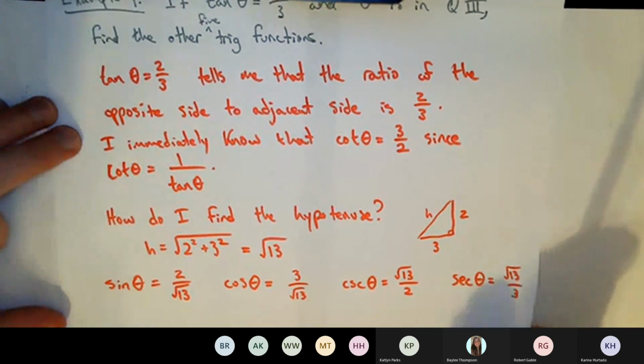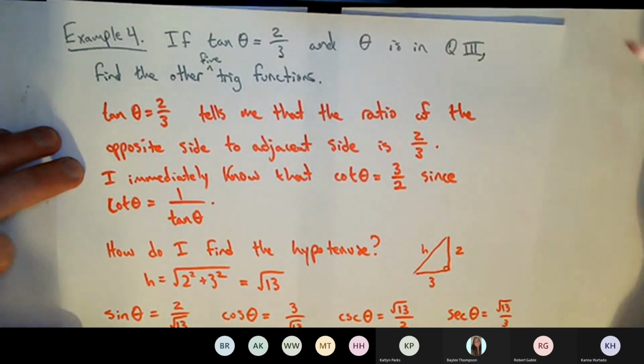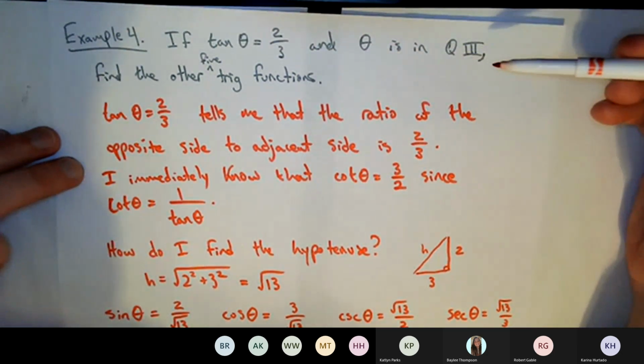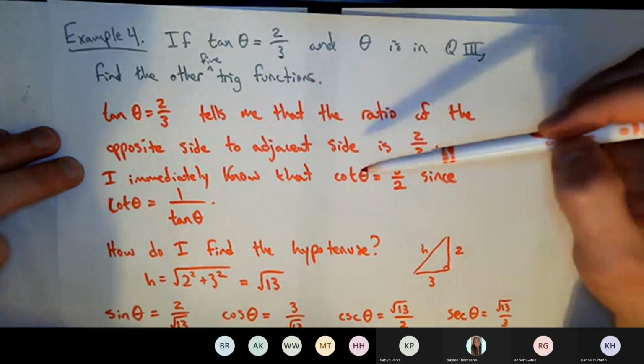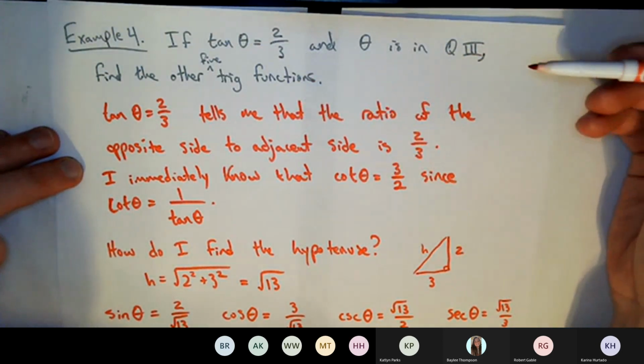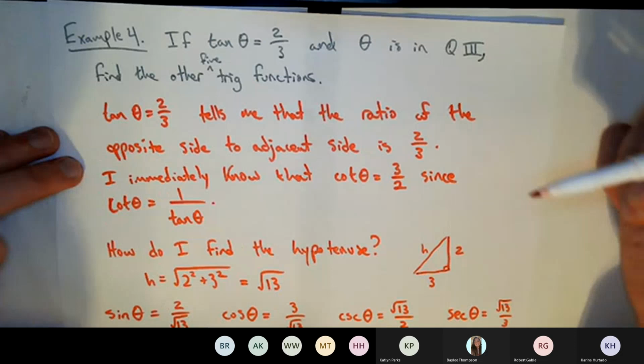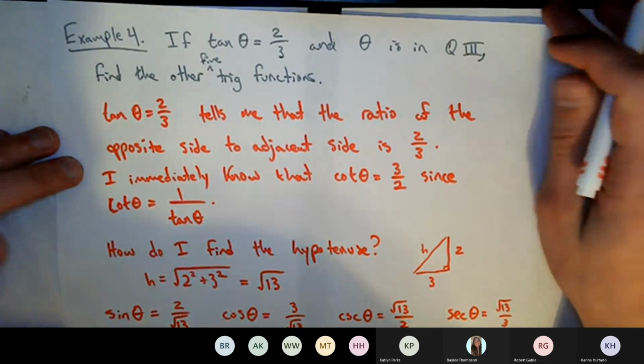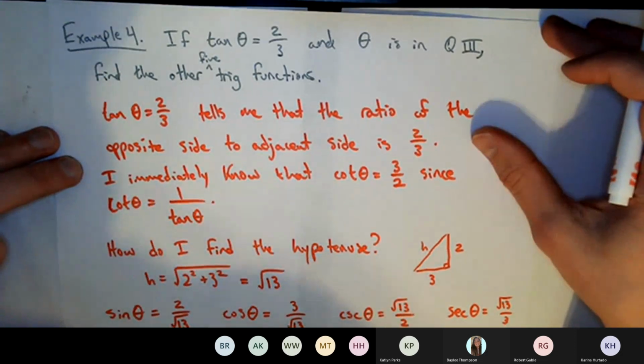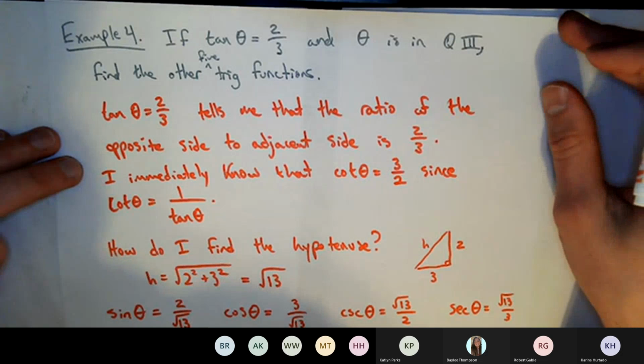If we know from the beginning of the problem that theta is in quadrant 3, tangent and cotangent are positive in quadrant 3, but which trig functions are negative in quadrant 3? So, Karina, which trig functions are negative in quadrant 3?